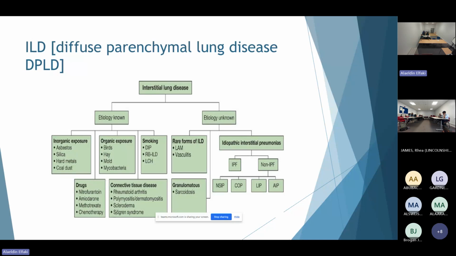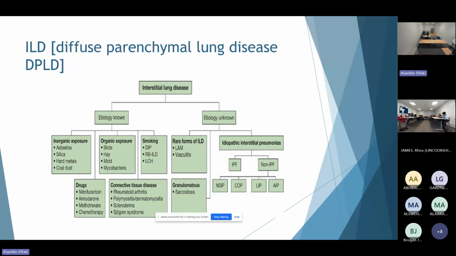Drugs also: chronic use of some drugs might result in lung scarring and lung fibrosis, like nitrofurantoin, tramadol, methotrexate, and some chemotherapies as well, like pembrolizumab. Connective tissue disorders are also a known cause for interstitial lung disease, and rheumatoid arthritis and scleroderma are, I think, some of the commonest, in addition to dermatomyositis and myositis.